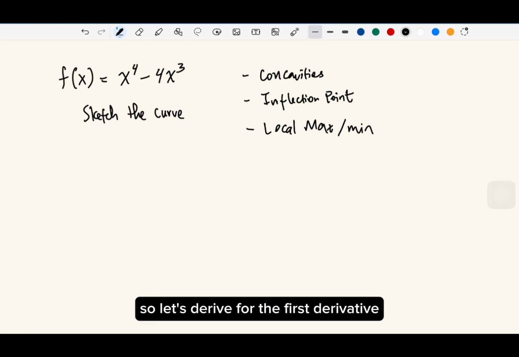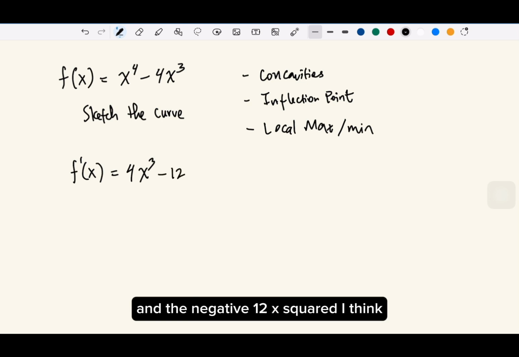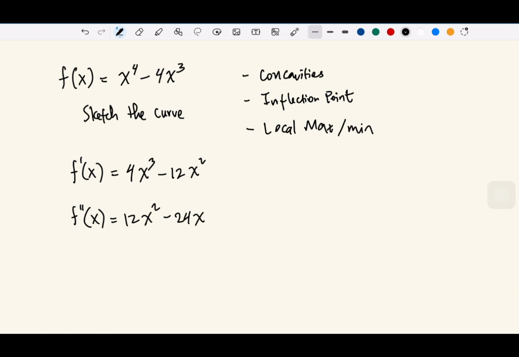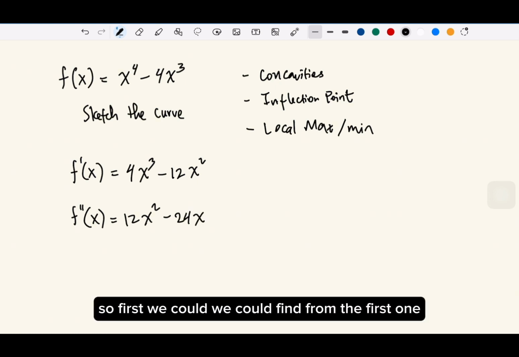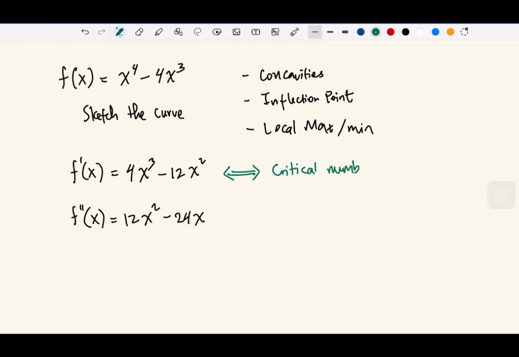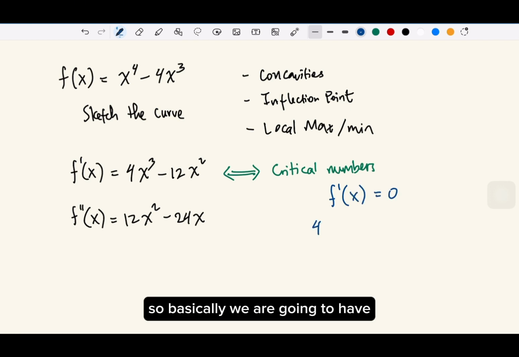Okay. So let's derive for the first derivative. This will be 4x cubed, and then negative 12x squared, I think. And then the second derivative is 12x squared, and this will be negative 24x. So first we could find the critical numbers, right? We set the first derivative equal to 0.